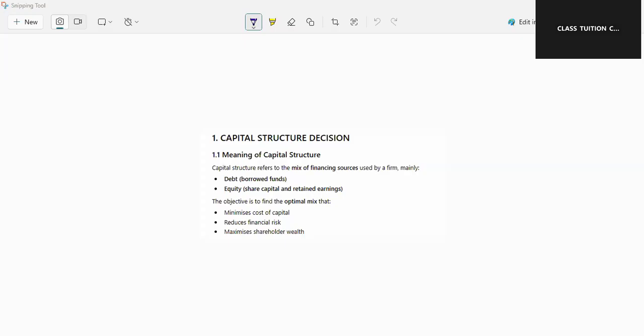Having an optimal capital mix is also important because it helps to maximize shareholders' wealth. A good structure will balance return and risk. So, what are some of the key determinants of capital structure? Number one, the key determinant of capital structure is as follows.